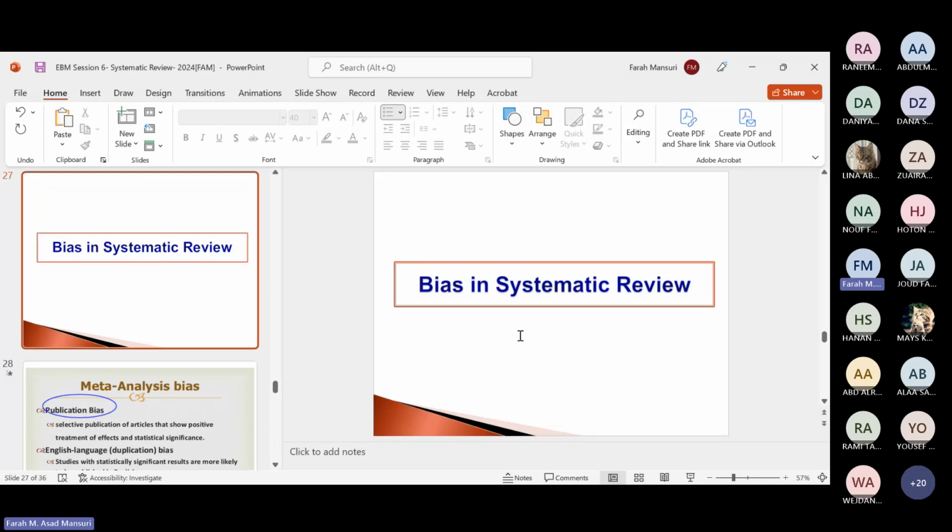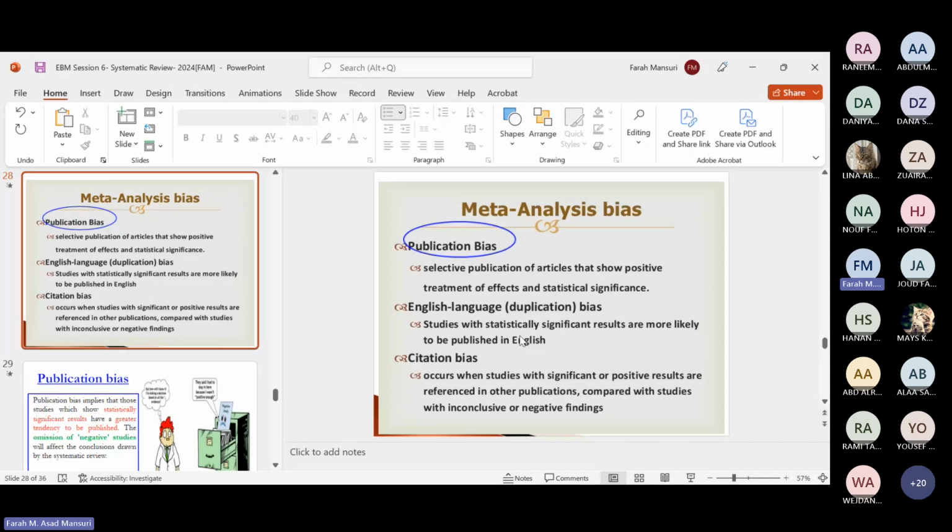The type of bias in a systematic review is actually publication bias, because if you have missed many articles that should have been included, you are going to introduce publication bias. It can be due to language bias, or it can be due to citation bias.